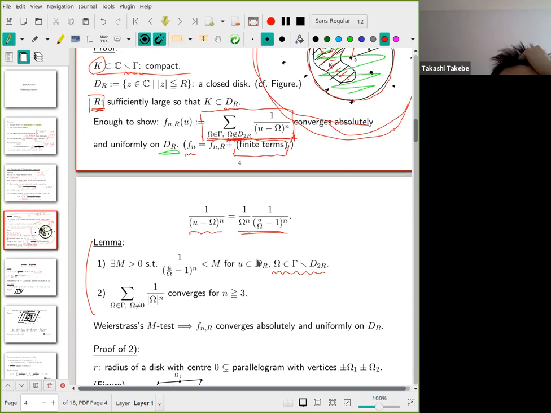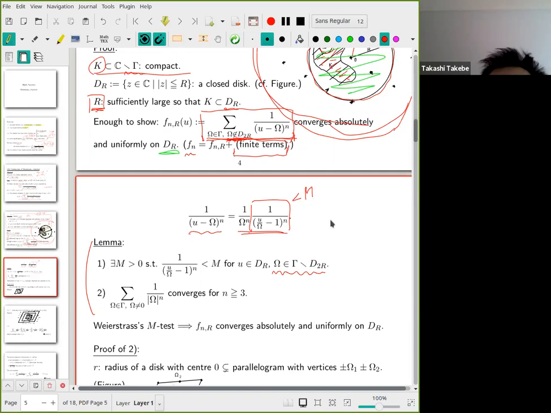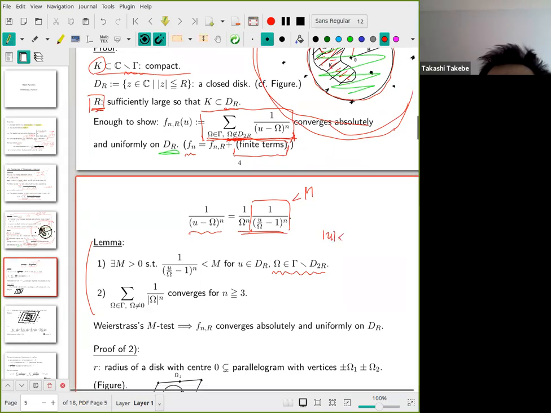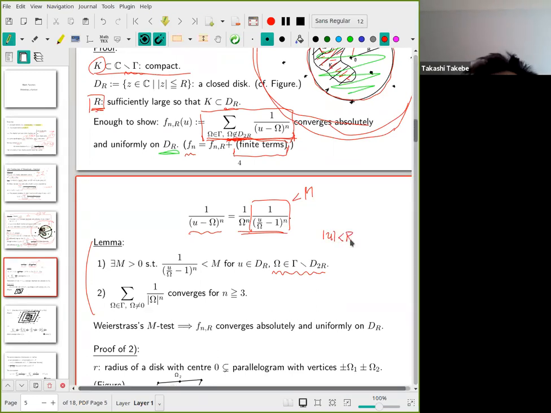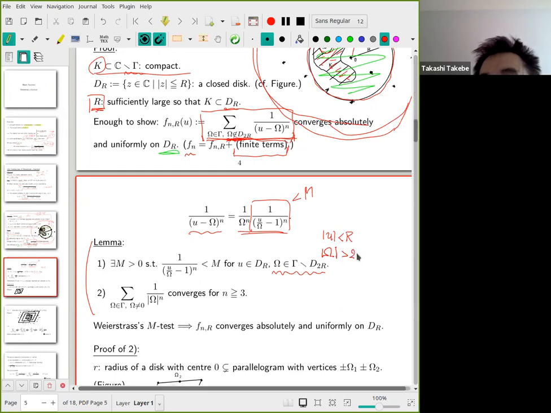Then this part is bounded by M because the absolute value of u is less than R and the absolute value of omega is larger than 2R. So u over omega is, probably, this is 1/2, right?